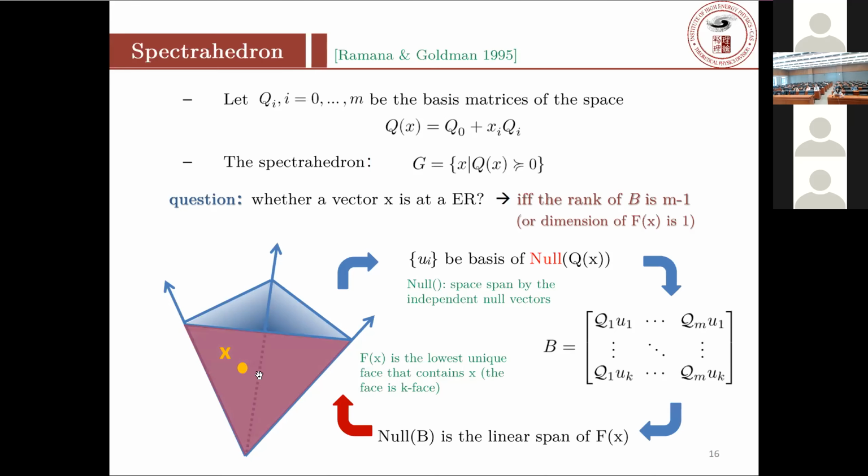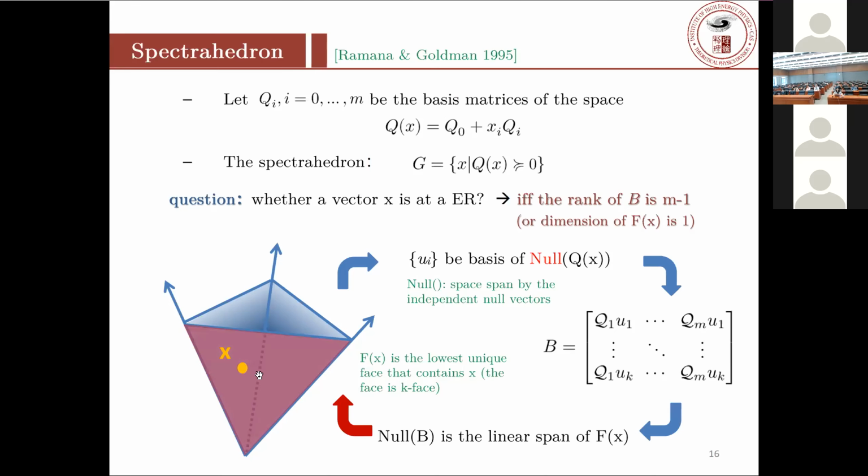So once we know the Fs, then we say the X is at an extreme ray if and only if the Fs has dimension 1. Then this statement is equivalent to saying that the rank of the B matrix is n-1. And with this, we are able to find the extreme rays.